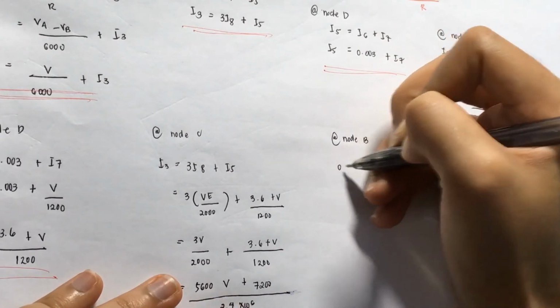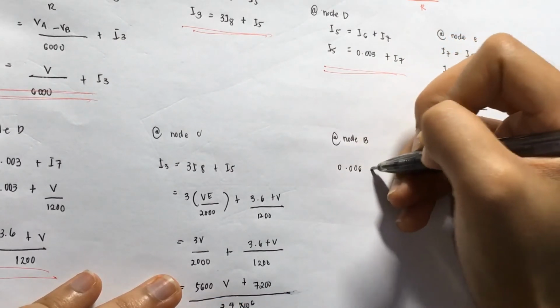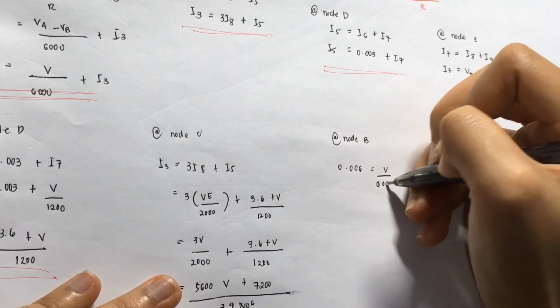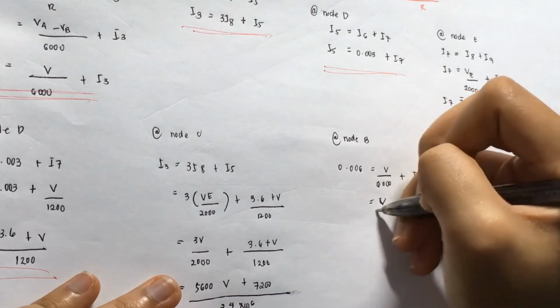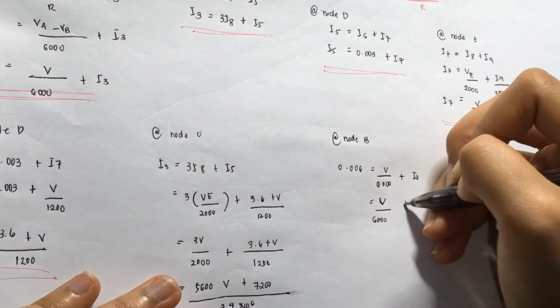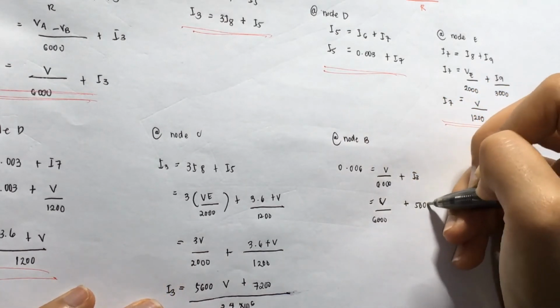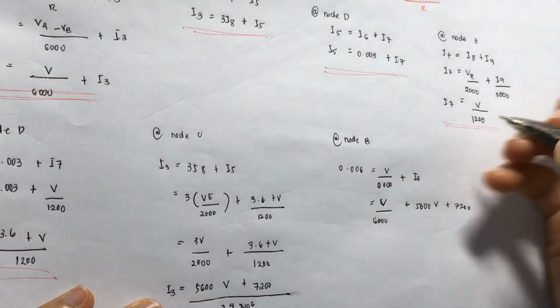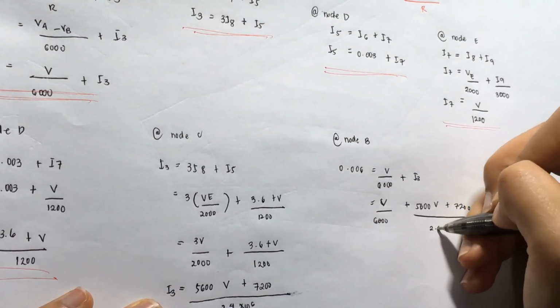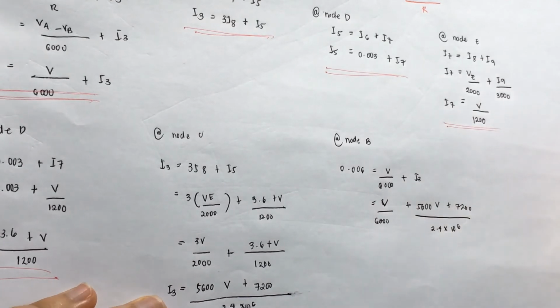Equal to 0.006 V over 6,000 plus I3. So, V over 6,000 plus 5,600 V plus 7,200 over 2.4 times 10 to the 6.